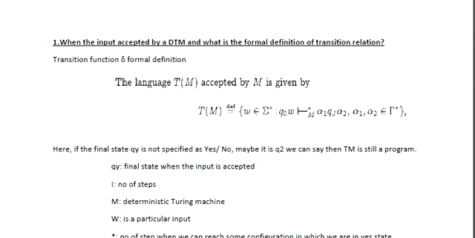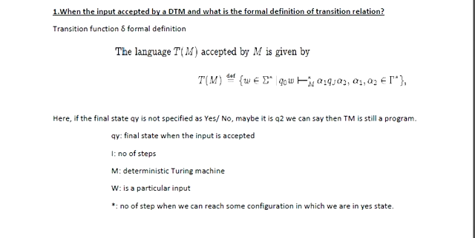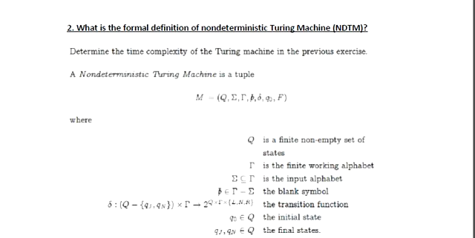So let's see the next question. The formal definition of a non-deterministic Turing machine is a tuple M equals Q, sigma, gamma, blank symbol, transition function, initial state, and final states. Q is a finite non-empty set of states.